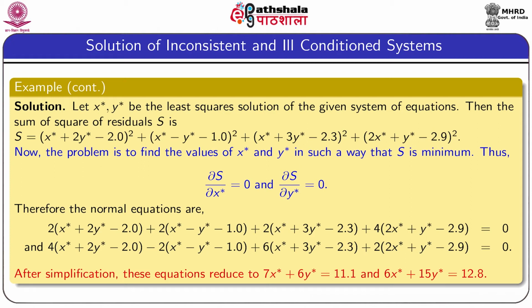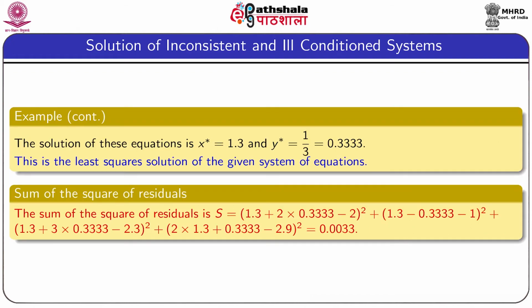After simplification, these two equations reduce to 7x star plus 6y star equal to 11.1 and 6x star plus 15y star equal to 12.8. The solution of these equations is x star equal to 1.3 and y star equal to 1/3, taken as 0.3333, correct up to 4 decimal places. So this is the least square solution of the given system of equations.